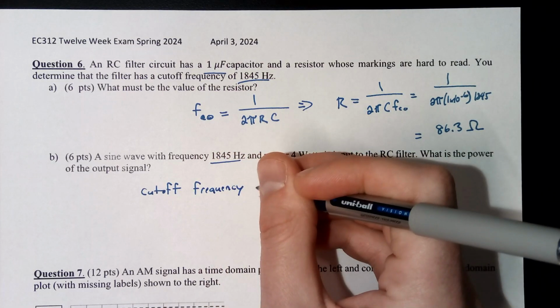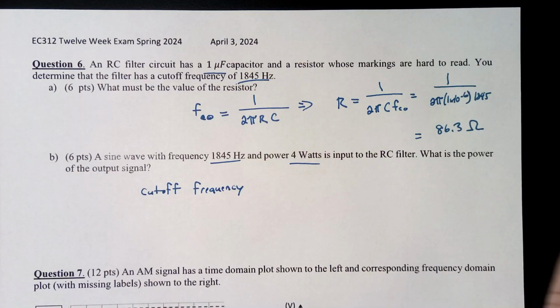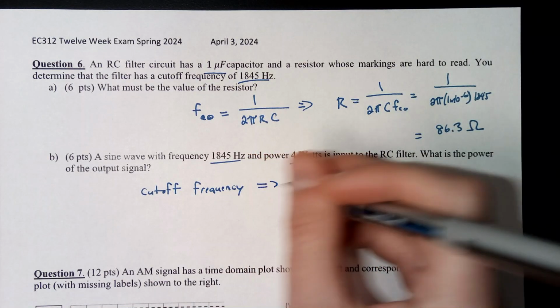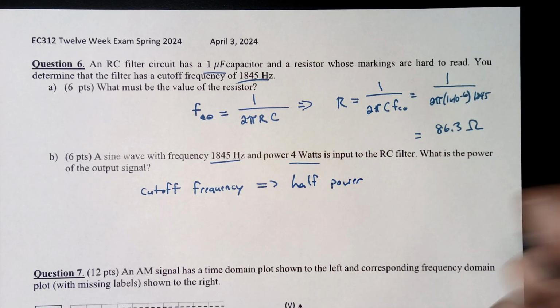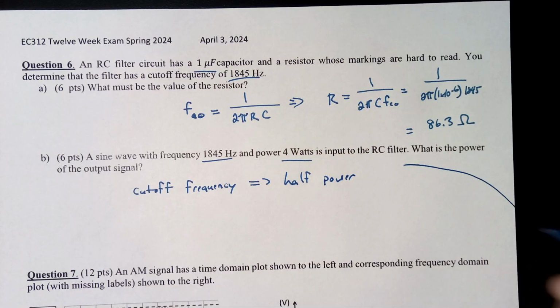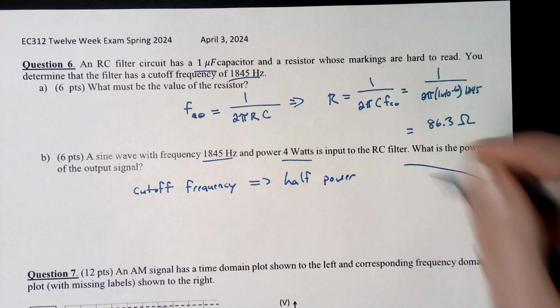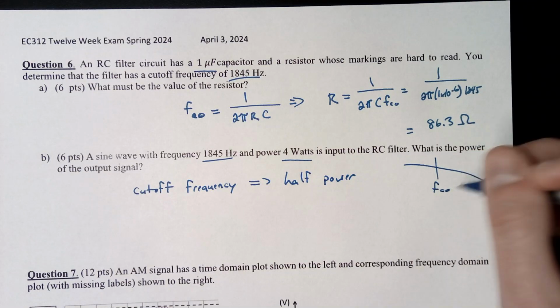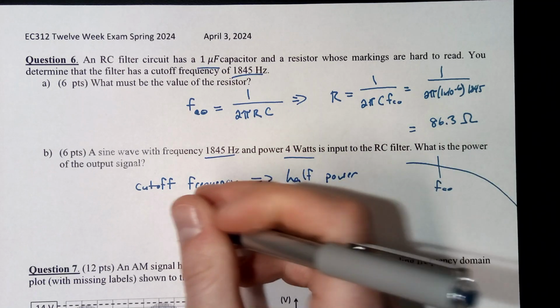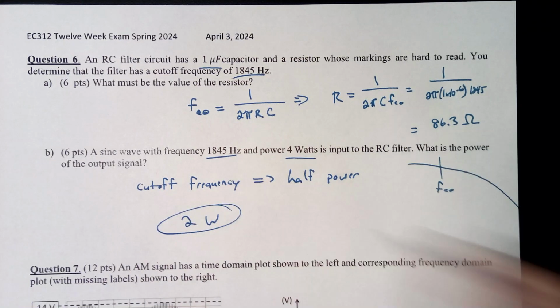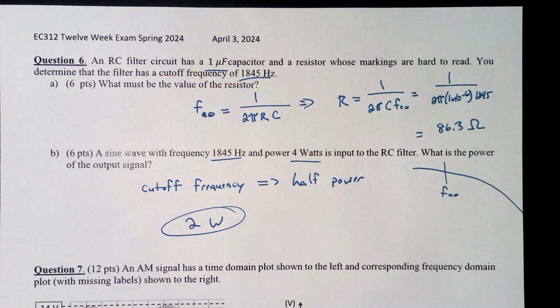This is a real RC filter. The cutoff frequency is half power, right? We have this chart where we lose power over time, and this FCO is where we're at negative 3 decibels, so half of the power that we would normally have, which means that we should have 2 watts of the output signal. So that's it for that one.